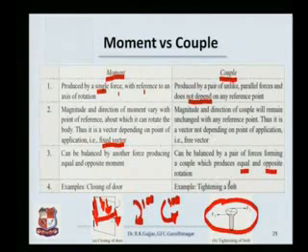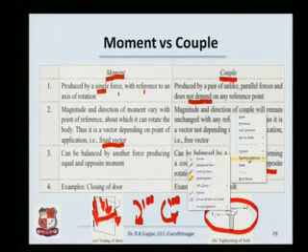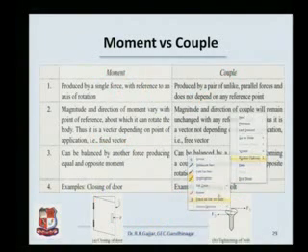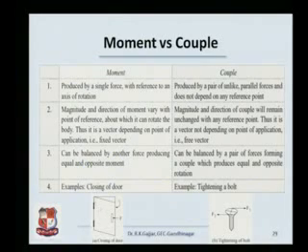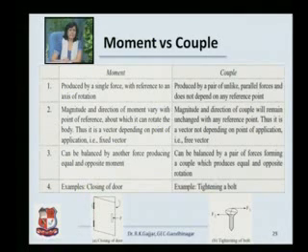So, let us look at an example of a moment and a couple. Here is a classic example of a moment. There is a door. It has a particular reference point where you have the hinges. With reference to this point, if we apply a force and try to rotate the door, it can be opened or closed.